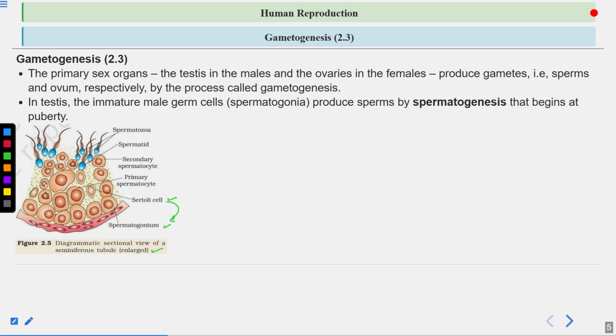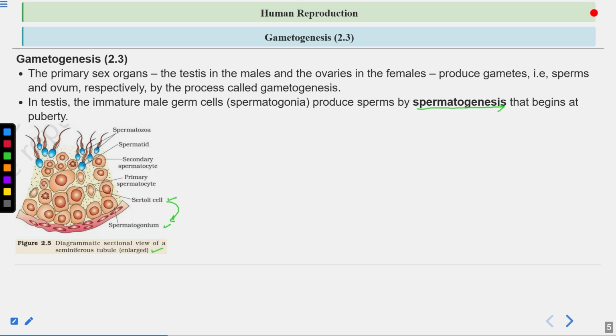These Leydig cells secrete testosterone, which helps in spermatogenesis. So you can see everything is linked here: Leydig cells, Sertoli cells, spermatogonium. You should know the function and the location of all of these cells.